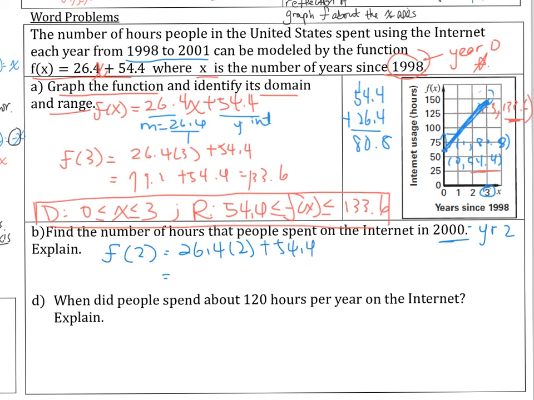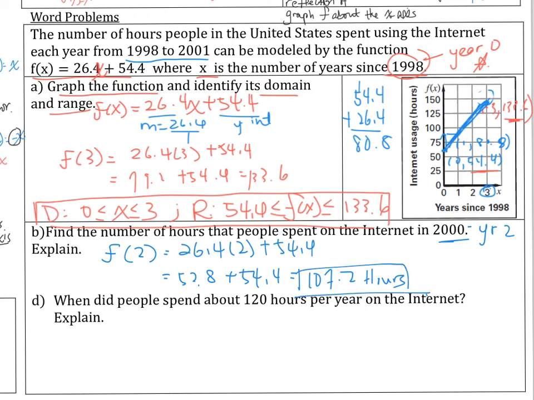And then we do the math. 52.8 plus 54.4. Okay, and we have 107.2 hours.